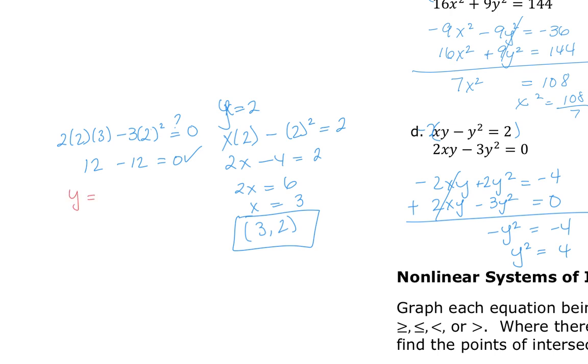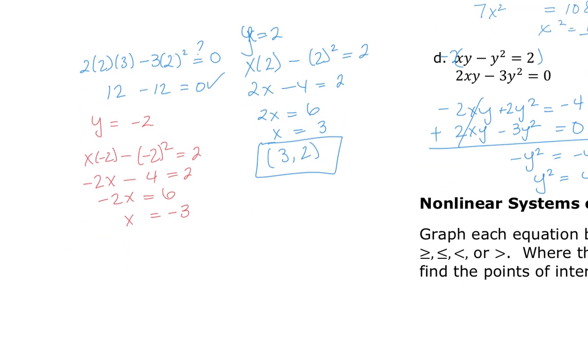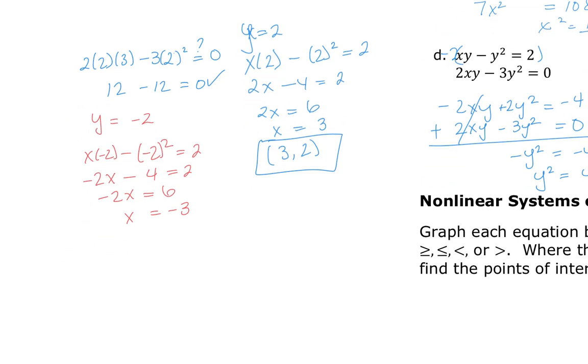Now we're going to do y is equal to -2. So I'm going to do x multiplied by the -2 minus the -2 squared is equal to 2. So I have -2x minus 4 is equal to 2. So -2x is equal to +6. So x is equal to -3. And I'm going to check it in the second equation.